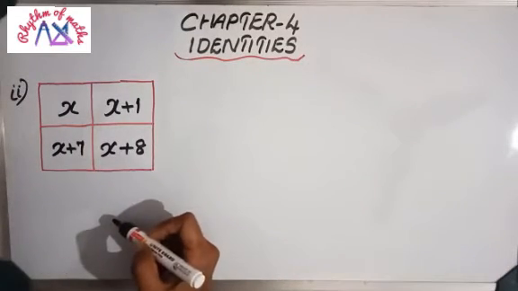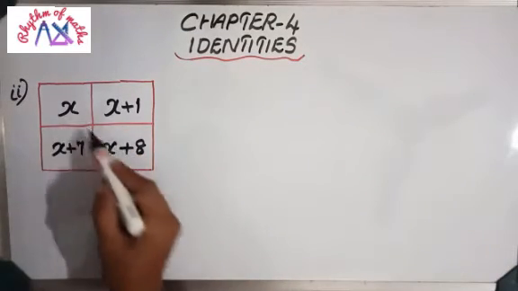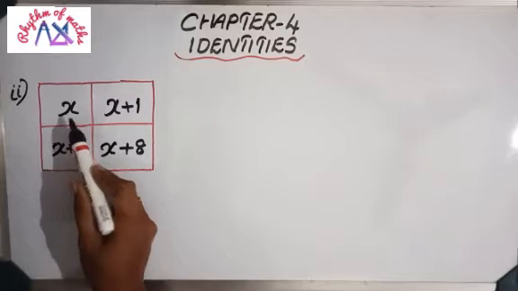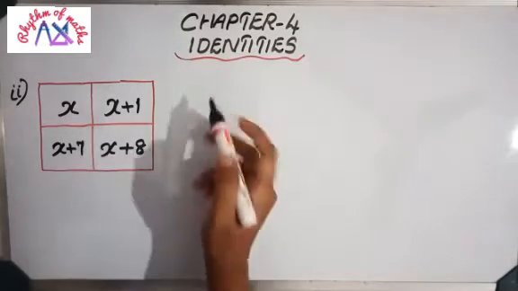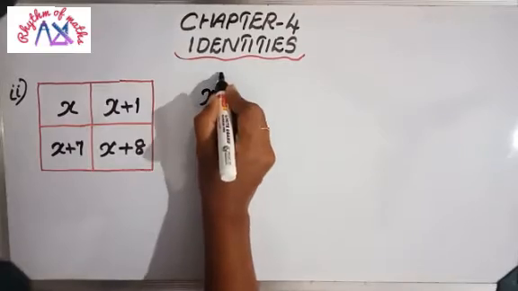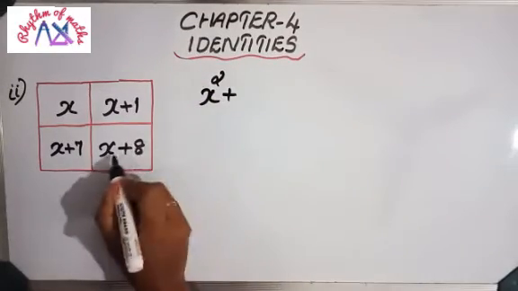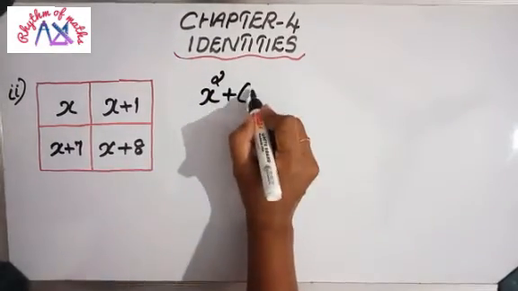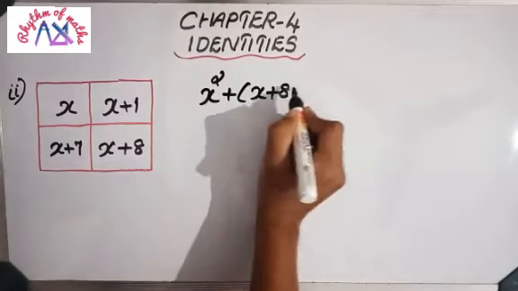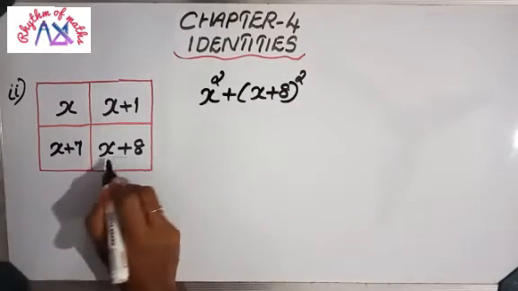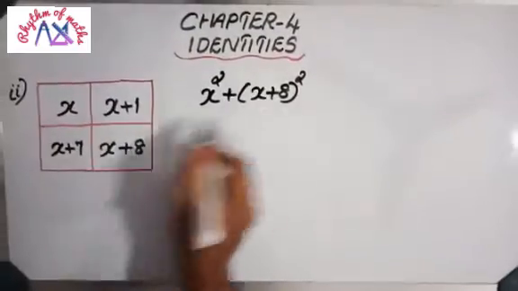Now what is the question? We have to find the sum of squares of the diagonal numbers. The diagonal numbers here are x and x plus 8. So the squares mean x square plus x plus 8 the whole square. You have to consider x plus 8 as a single term.